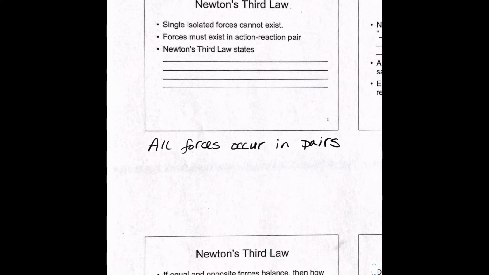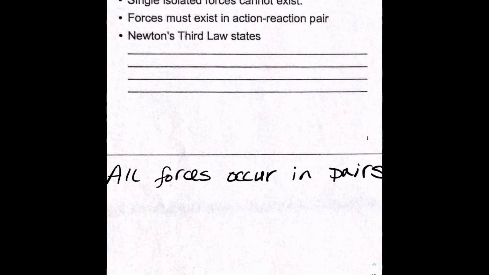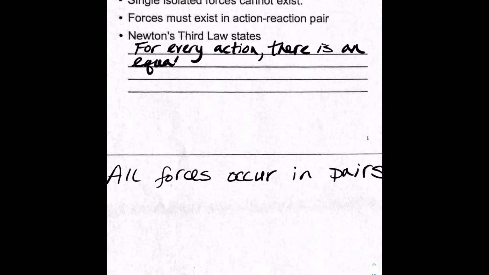Newton's third law states, I think a lot of times students have heard of this one. Let's go ahead and write it out. For every action, there is an equal and opposite reaction.